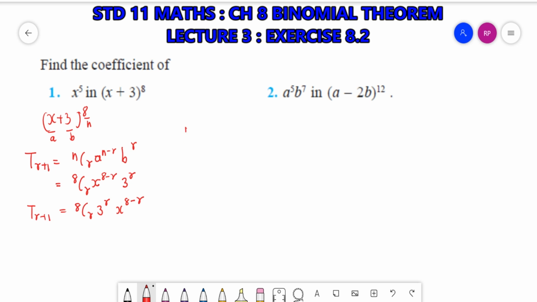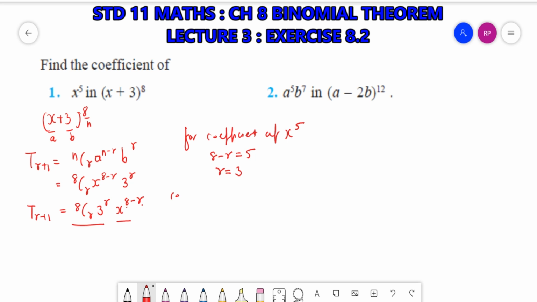Now for the coefficient of x raised to 5, see, this is the coefficient and this is the variable. So if I want x raised to 5, 8 minus r must be equal to 5. Okay, that means r is equal to 3.